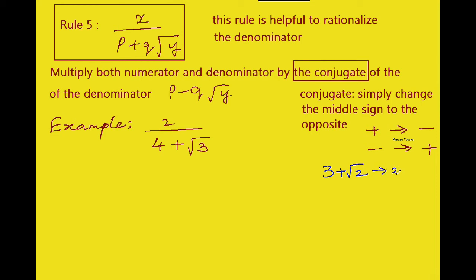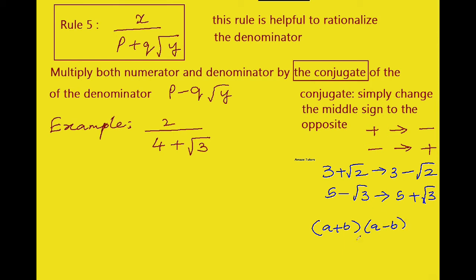Conjugate of this is 3 minus root 2. 5 minus root 3. Conjugate of this is 5 plus root 3. So these are the conjugates. Why are we doing this? So that it can be in the form of a plus b times a minus b in the denominator. A plus b times a minus b.